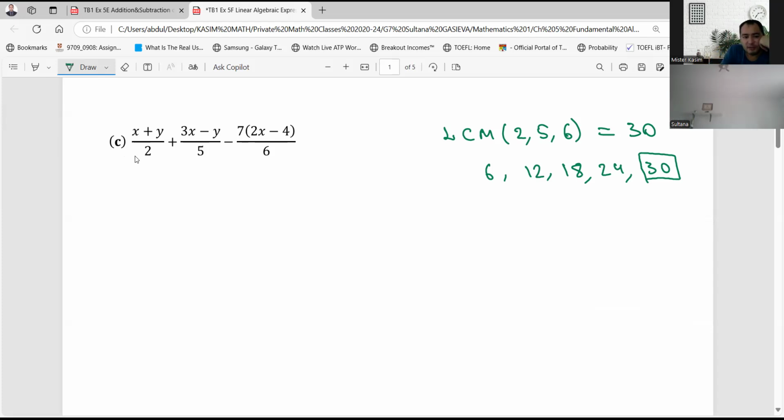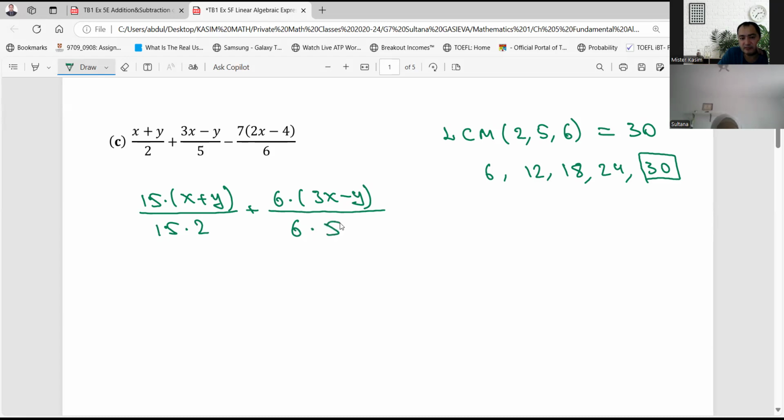So I multiply the first fraction's top and bottom by 15, right? So I have here 15 times (x plus y) over 15 times 2. The next one by 6: 6 times (3x minus y) over 6 times 5.